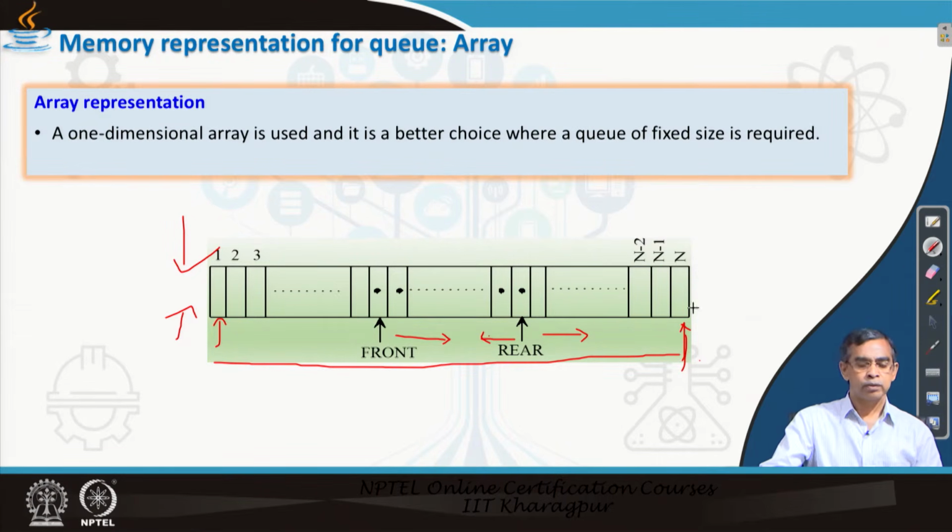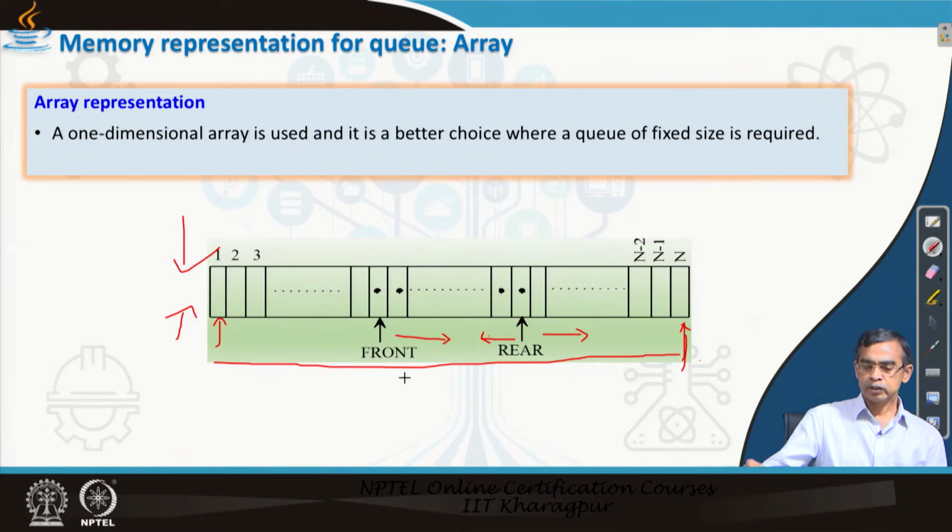That gives you an idea about whether the queue is empty or full. That can be decided by knowing the location or counter value of the front and rear pointers. Front and rear are the two pointers to indicate the frontmost element and rearmost element of the queue.